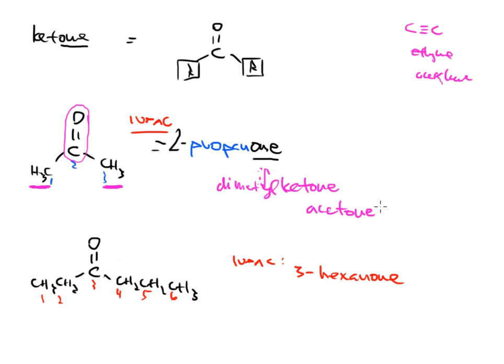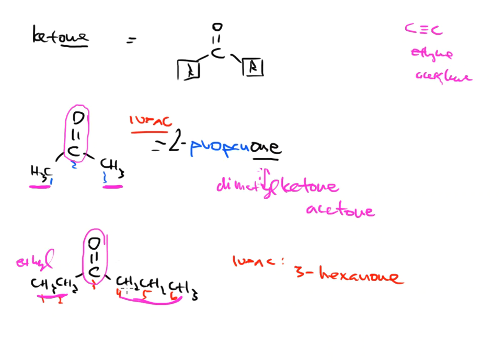Second example, if we wanted to common name it, we can do the same thing, right? So I'll take a look at the C double bond O, and that represents my ketone group. And I have a grouping over here and a grouping over there. They're pretty simplistic. There's a two-carbon chain, which is going to be called ethyl.